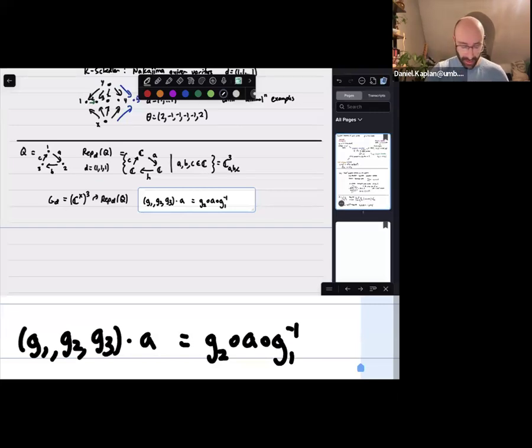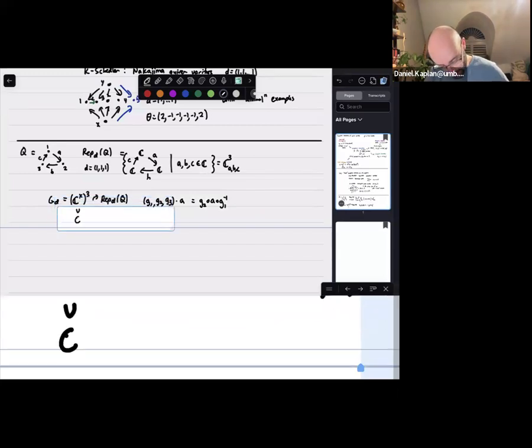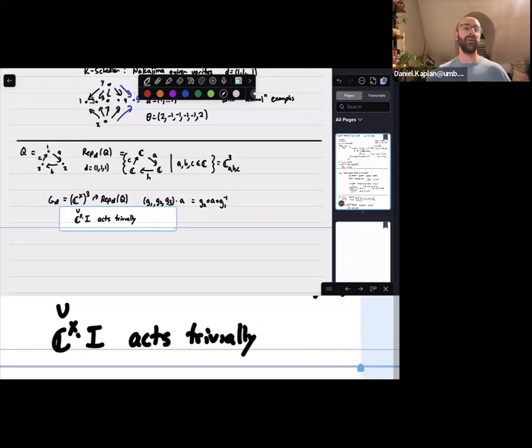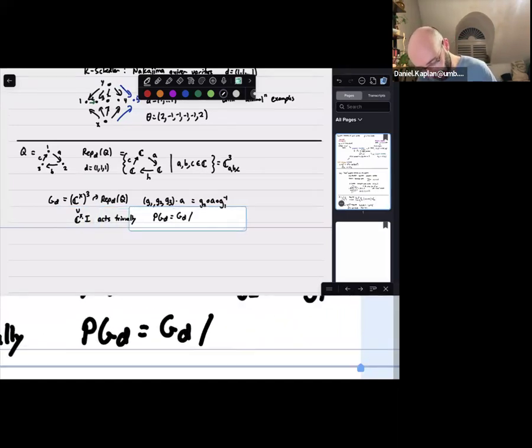With this action, sitting inside here, we have a diagonal, like a C star times the identity. And the diagonal acts trivially. If G1 and G2 are the same scalar, I move them past the transformation. Because this part acts trivially, you often just quotient out by it. And so you consider PGD, which was this group acting, but getting rid of the diagonal.